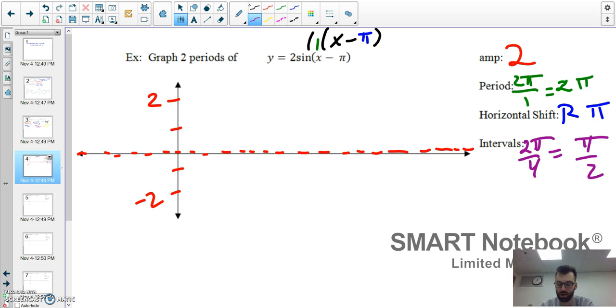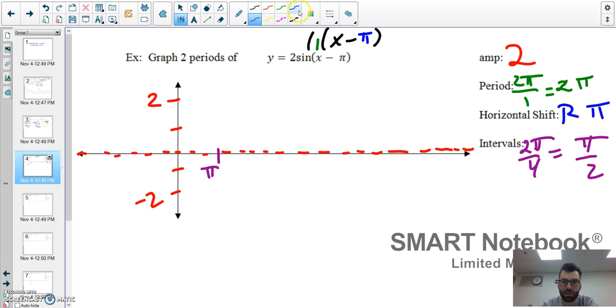Our intervals. I move to the right pi, and I want to stay consistent on how far I move here. Since we're graphing 2 periods, make sure you give yourself some space. If I move to the right pi, my intervals are pi over 2.